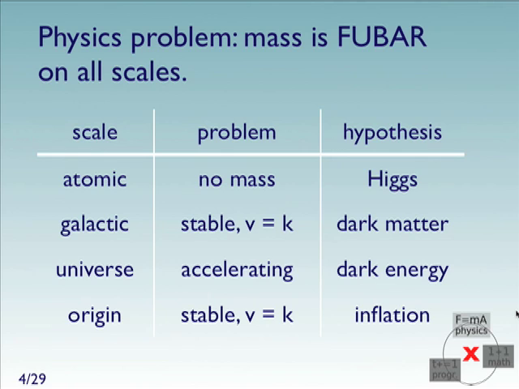And the current popular hypothesis for explaining this is called dark matter, where they just add as much dark matter stuff as is needed to make the galaxy both stable and have these little light gases go at a constant velocity.